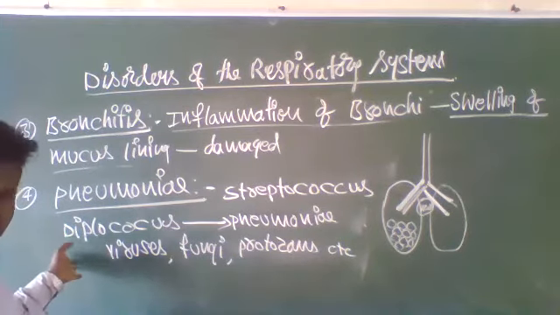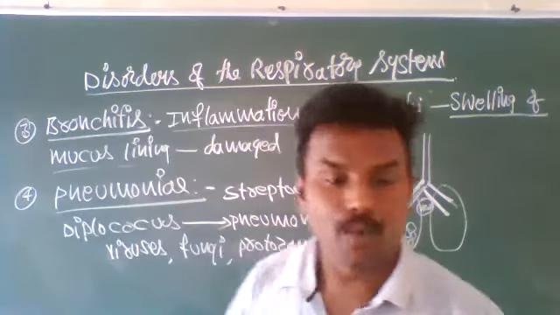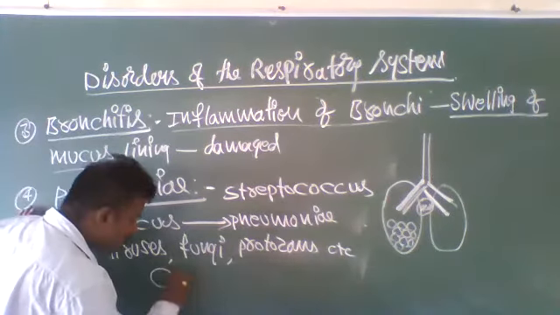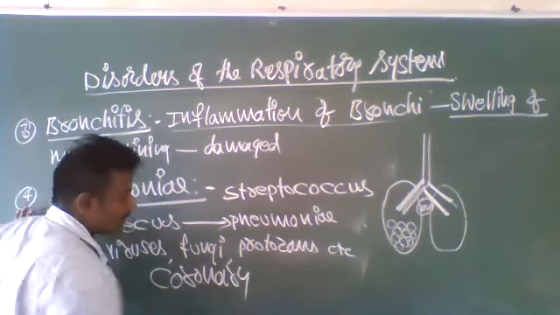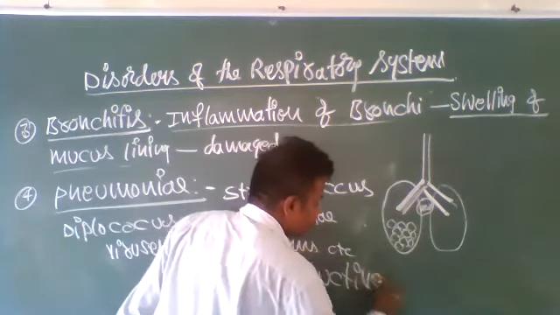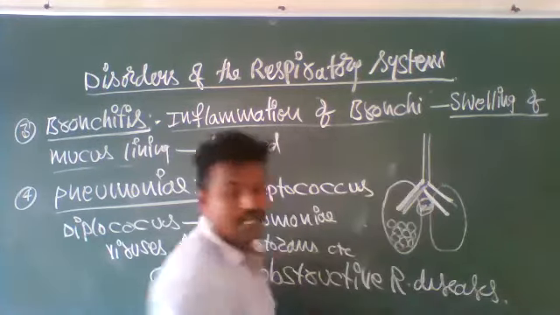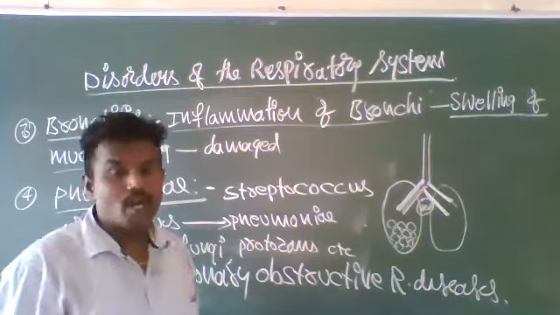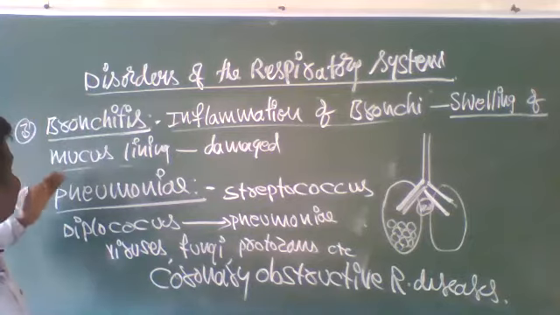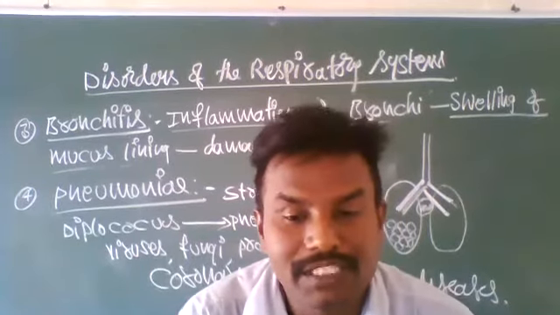Asthma, bronchitis, emphysema. These are all disorders that come under chronic obstructive respiratory diseases. Asthma, bronchitis and emphysema all come under these obstructive diseases.